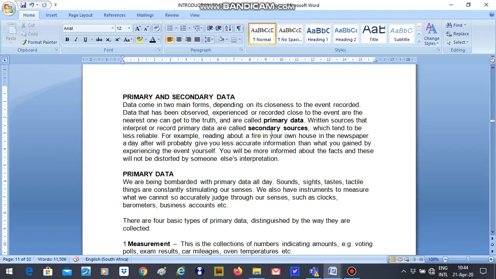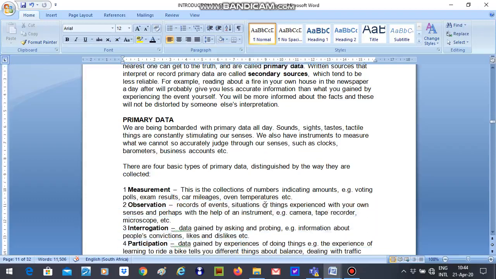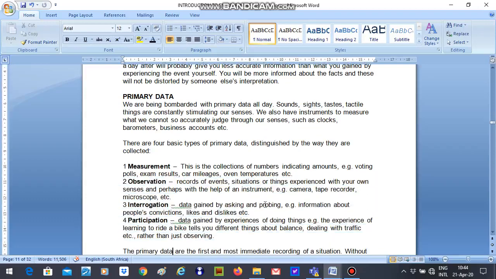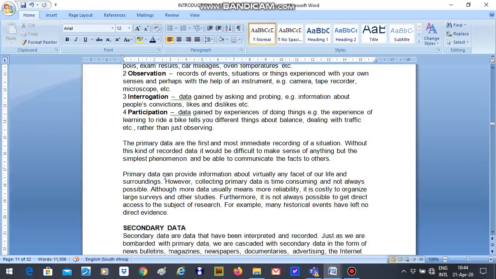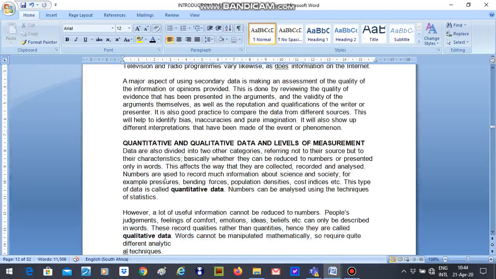And then secondary sources are data that is already available and has been used. These are the types of data and how you collect them. You collect them by measurements and stuff. Okay, we can move on down there.